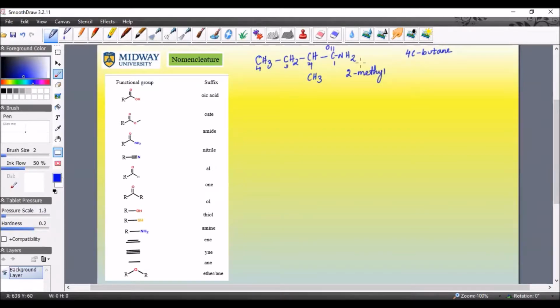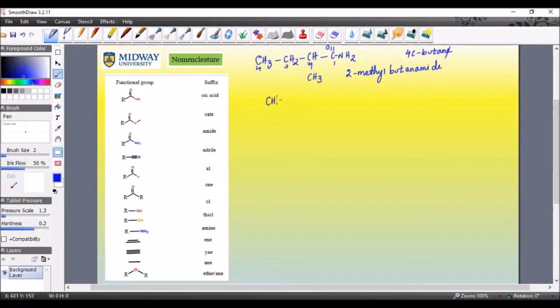And this is an amide, so all you've got to do is go to the very end, chop off the E, and replace it with amide. So 2-methylbutanamide, right?